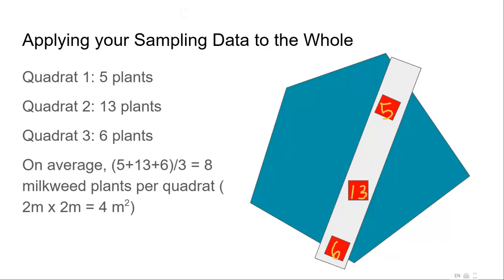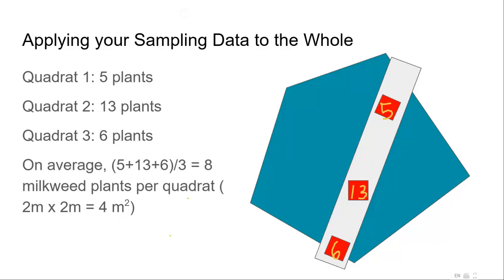And each quadrat is 2 meters by 2 meters, so this would be 4 square meters. Again, a density is going to be the number in a given area. That's different from just an average number or overall count. A density should be per unit area.